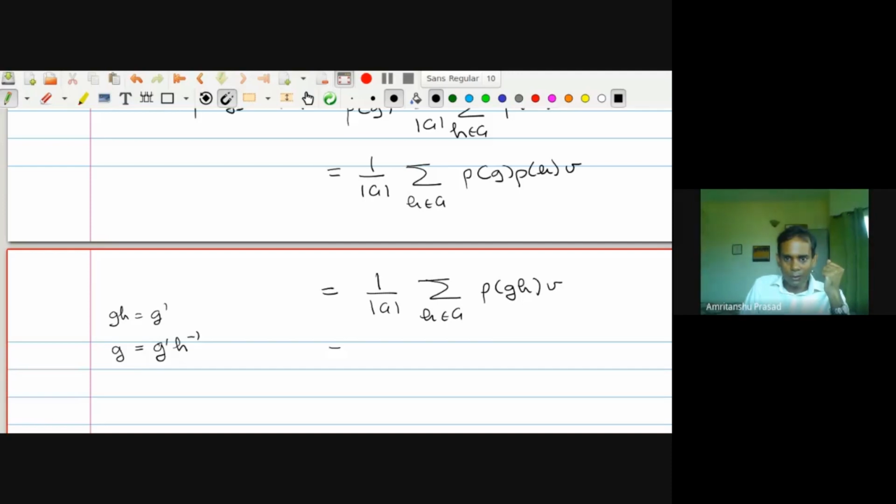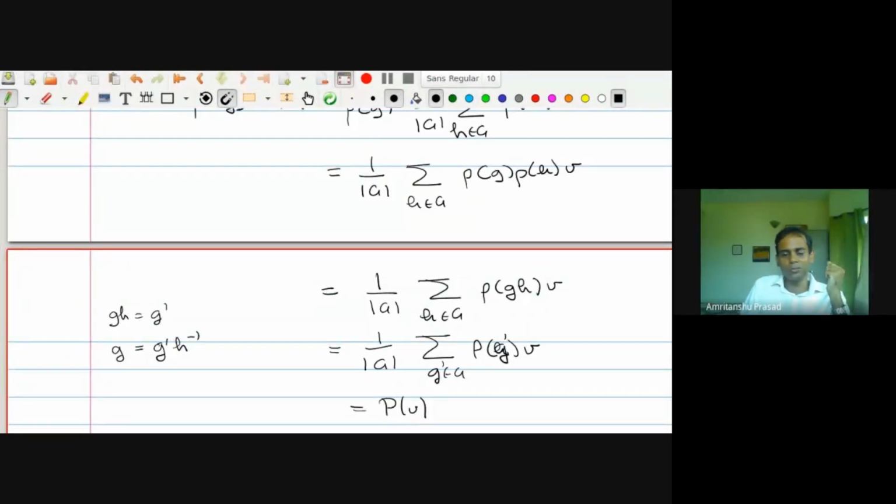So if I do this substitution, then I get 1 over |G| times the sum over G prime in G of rho of G prime, V. But this is just P of V by definition, right?